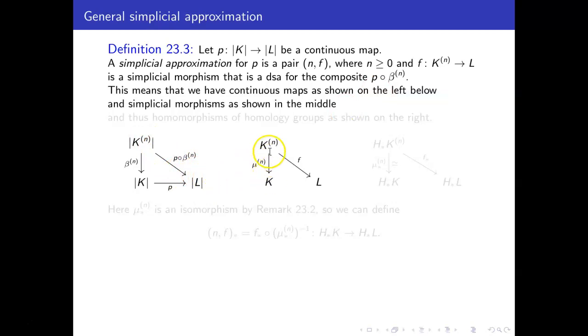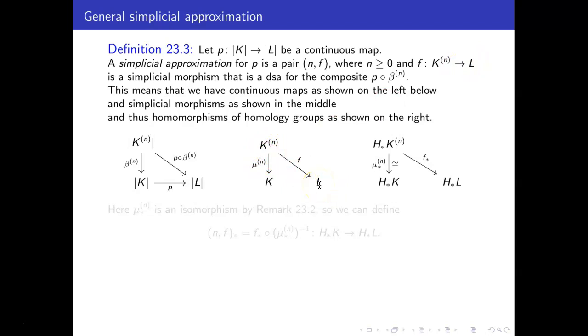Remember, beta n itself is not simplicial, it doesn't come from a morphism of simplicial complexes, but it is at least homotopic to the realization of mu n, which is an actual simplicial morphism from K^(n) to K. And then f here is again a simplicial morphism from K^(n) to L.